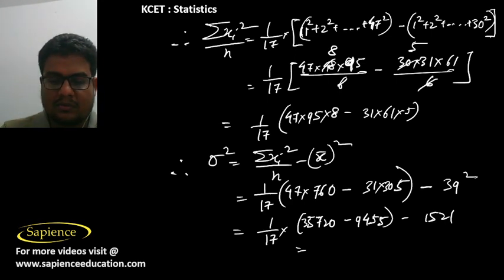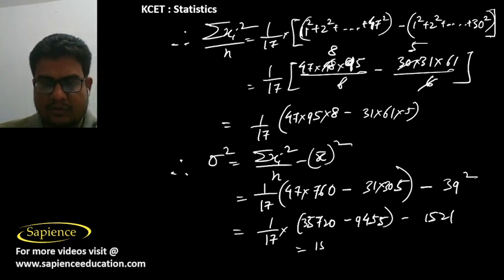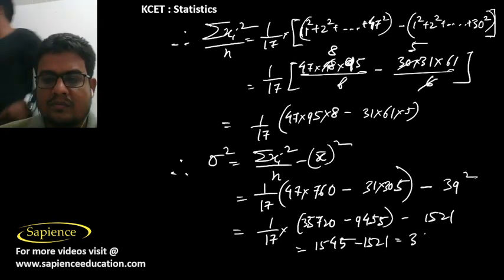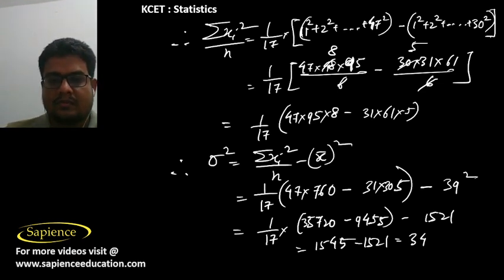That will be equal to 1545 minus 1521, so that will be equal to 34. Sigma will be equal to root over 34.